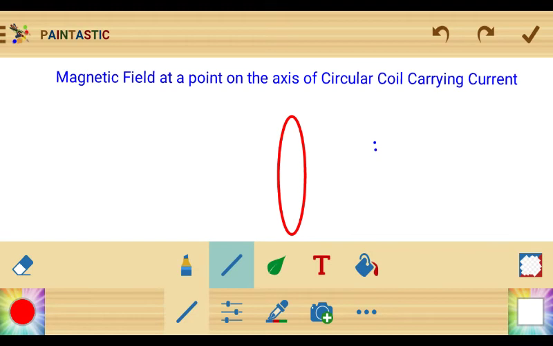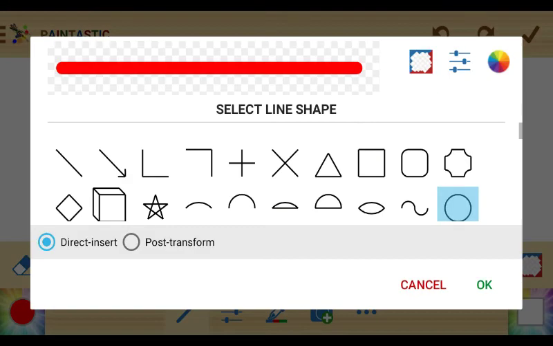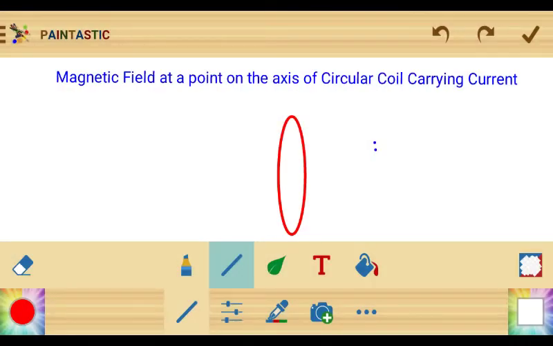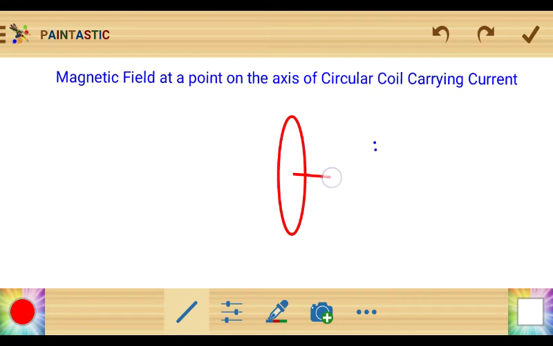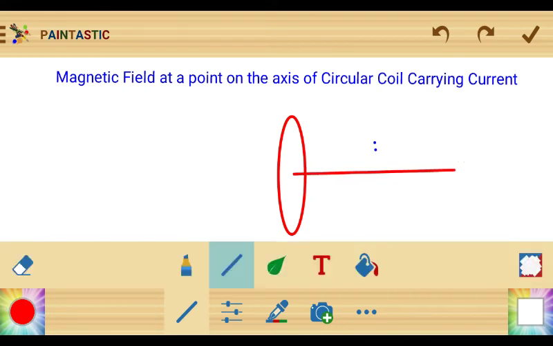Okay, so this is the axis. It's passing through its center.